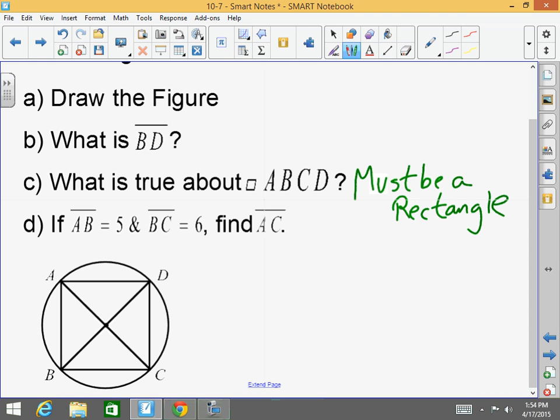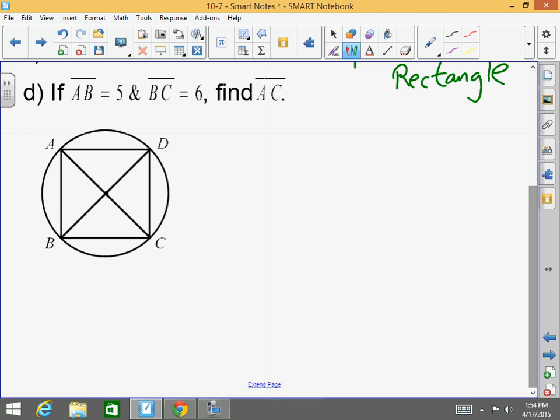What is BD? What is BD? Okay. It is a diagonal of the rectangle, but what is BD since this rectangle is inscribed inside of a circle? BD is a diameter.